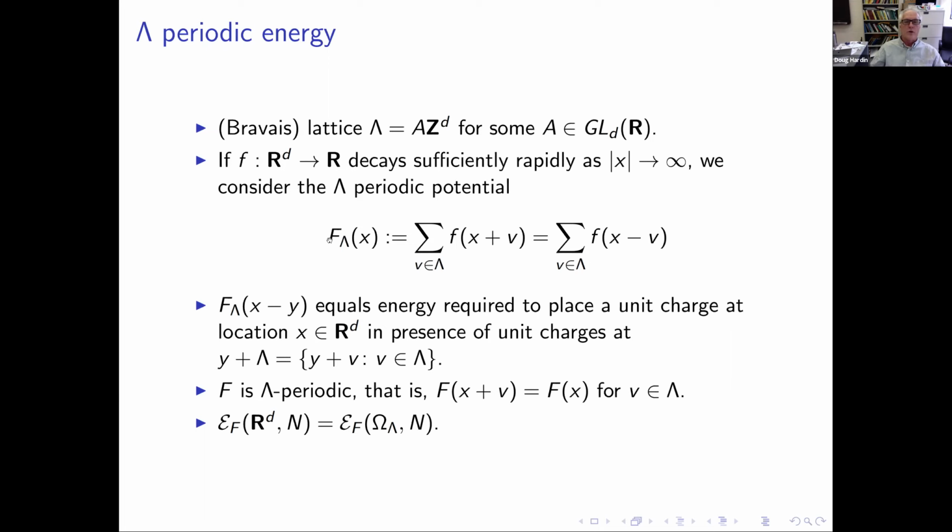I'm going to call it capital F sub lambda of x, and it's going to be this lattice sum of f of x plus v. I may have some slides where I put minus v, but since the lattice is an even structure, it doesn't matter if I add or subtract.